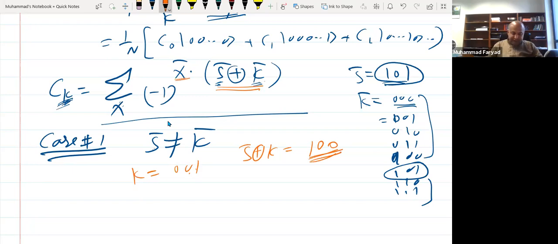Now this X is going to take values from 000 to 111. So let's see what happens.